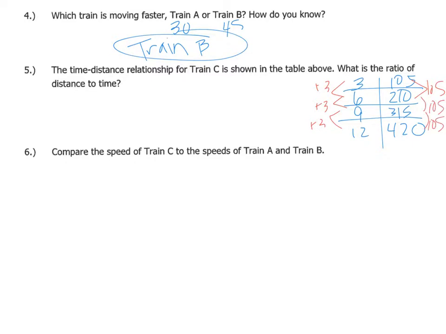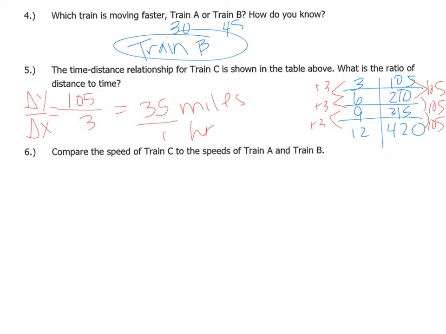So it looks like it is going up 105, that's my change in y. So change in y over change in x, and the x is going up by 3. If I divide 105 by 3, I get 35. So it is 35 over 1, and this is miles per 1 hour.